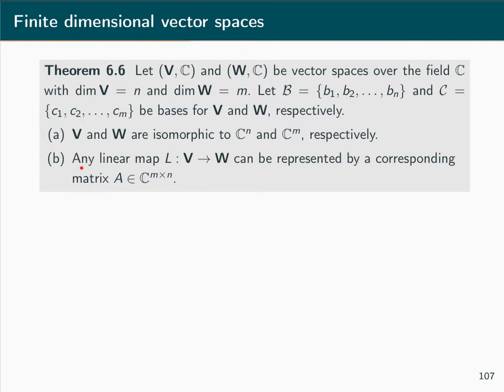And B, any linear map L from V to W can be represented by a corresponding matrix A in C^(m×n). So essentially what this theorem is saying is that any complex vector space of dimension n is isomorphic to C^n, and correspondingly a vector space of dimension m is isomorphic to C^m, and moreover any linear map between two finite dimensional vector spaces can be represented by a corresponding matrix.